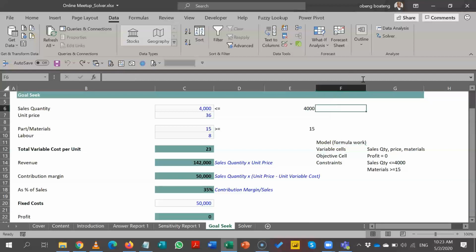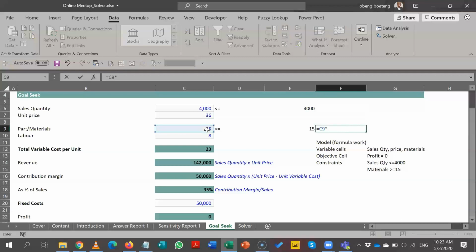Okay, so in that case, let's go back here. So let's say it shouldn't be more than 20%. Right, this is what you are saying. Yes. So in this case, instead of typing this 15 here, I've used a formula to derive the limit.